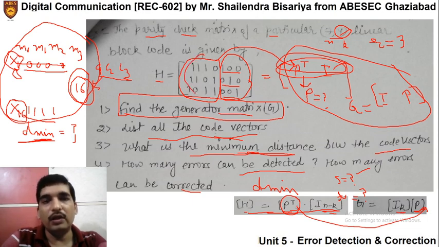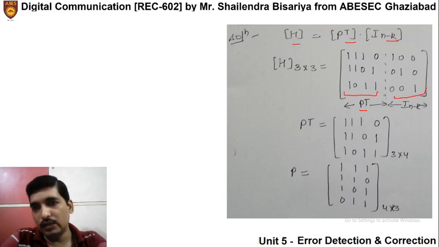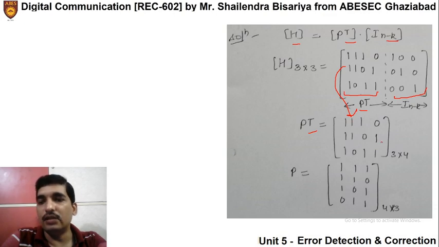So first of all, take this term. Let us take H is equal to Pt into I(n-k). So the Pt is this value and I(n-k) is this value we have already discussed. So Pt, we write this value here: 1110, 1101, 1011, of 3 cross 4 size.